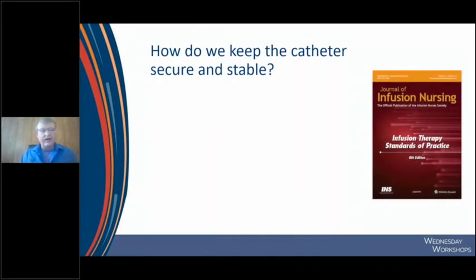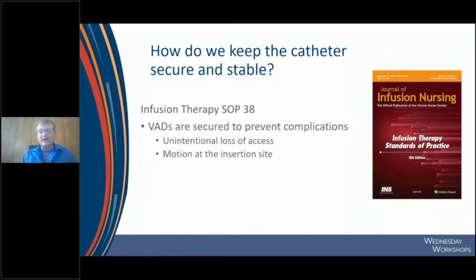So how do we keep the catheter secure and stable? Well, we look to the INS standards, and what's interesting is some of the language they changed in 2021. Of course, securement is to prevent complications like unintentional loss of access, but they speak about the motion at the insertion site. This is the micropistoning that we're trying to prevent.